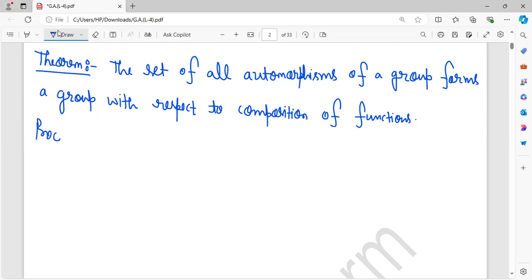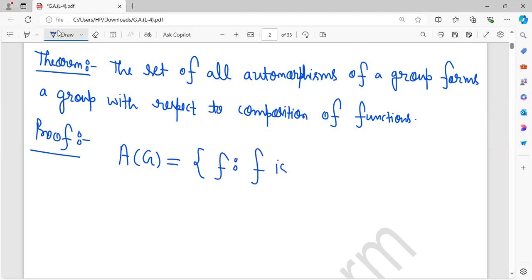So proof. We write A(G) is equal to {f such that f is an automorphism of G}.